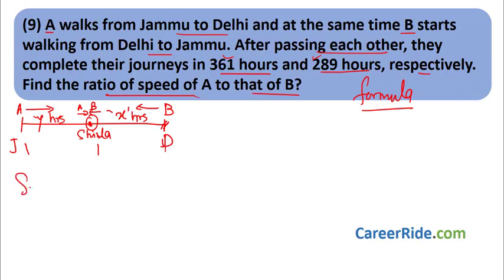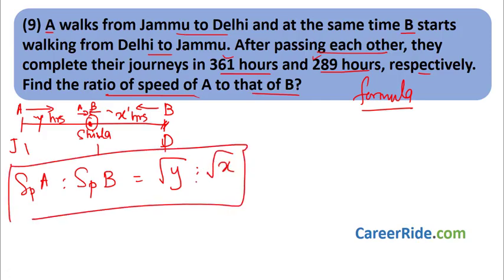So the ratio of speed of A to speed of B is nothing but root of Y to root of X. This is the formula. Here you just have to remember two things.